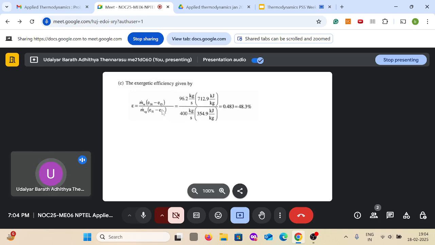So that's why we are doing exergy change of water divided by exergy change in the combustion gas. So 96.2 is the mass into exergy change in water, 712.9, and exergy change in combustion gas is 400 into 354.9. So this gives me exergy efficiency of 48.3%.